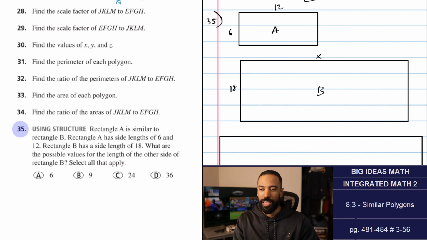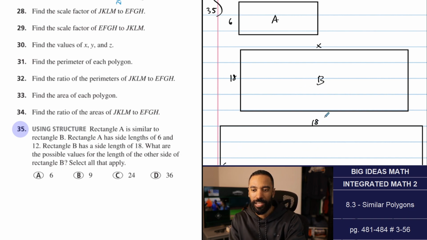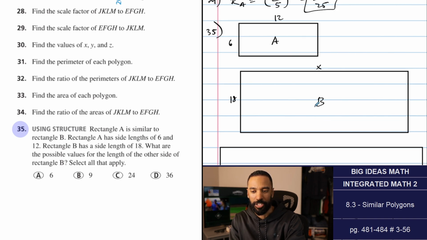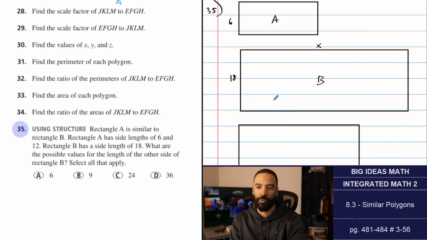Actually, let me backtrack that. I think it'll actually be smaller.